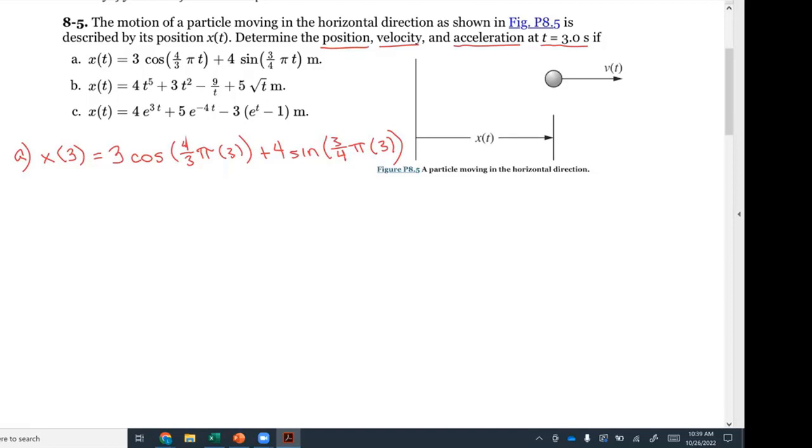And this is meters because we're talking about distance or position. This is going to equal 3, and this 3 cancels with this 3. So that's going to give me the cosine of 4 pi.